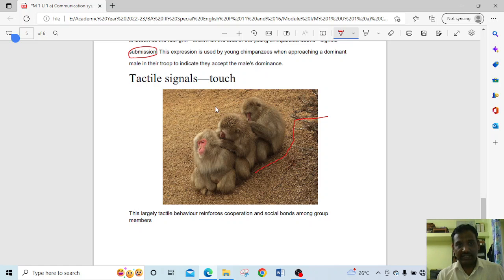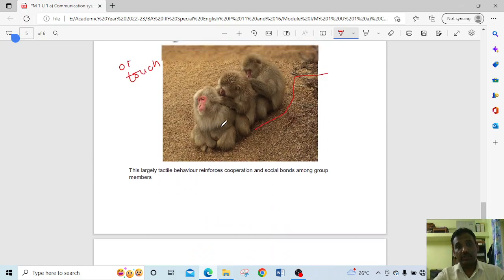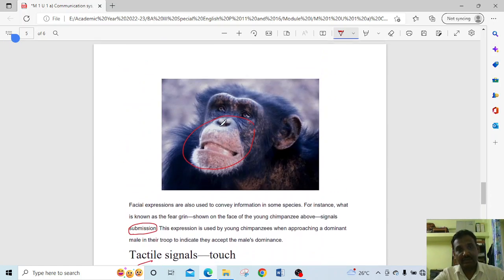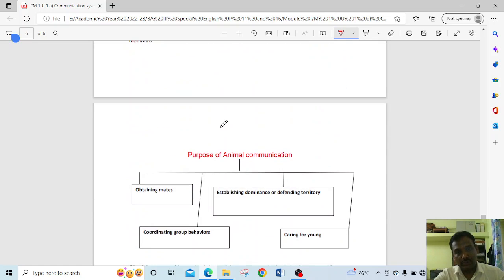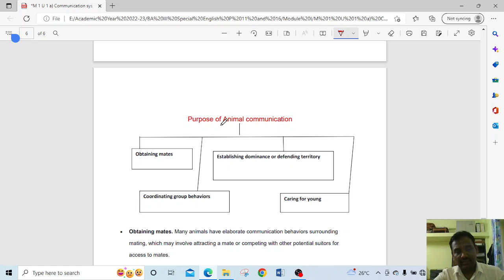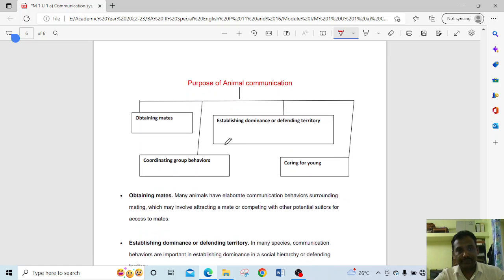So these are tactile, touch signals. So do animals also communicate? All these pictures and examples show that animals also communicate, but they have different signals. Those signals have different meanings, and they communicate with each other.